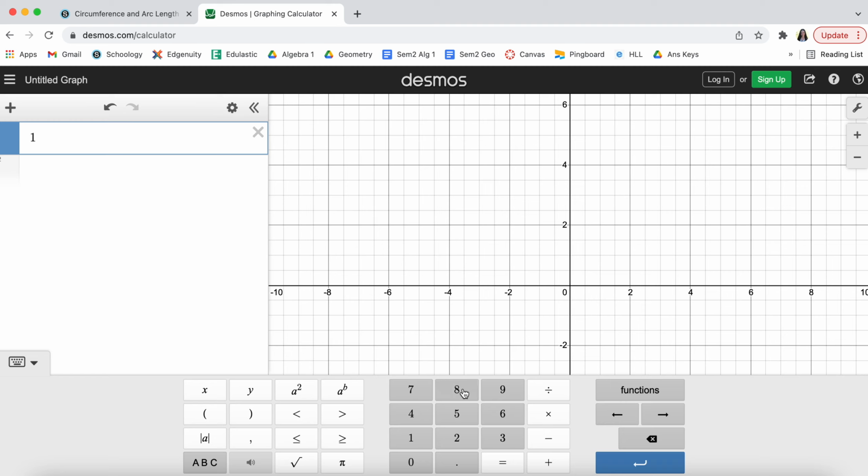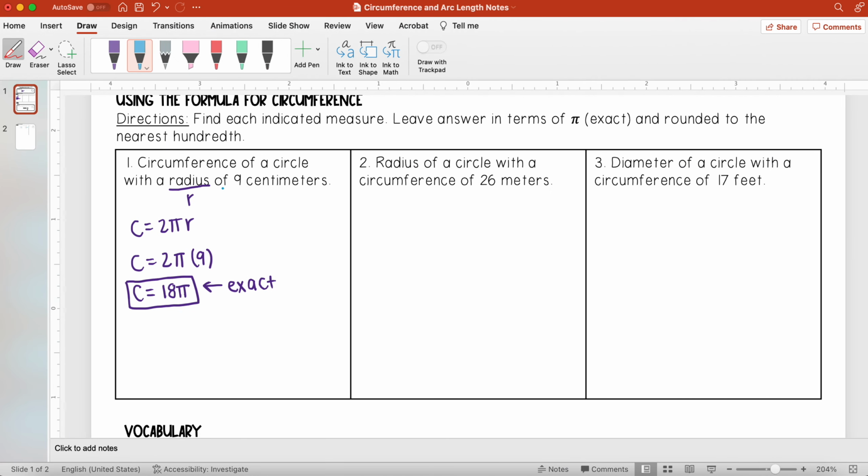And so I'll just type in 18 times the pi button, and I see rounding to the nearest hundredth, which is 2 decimal places, I get 56.55 centimeters. And so this is my rounded answer.